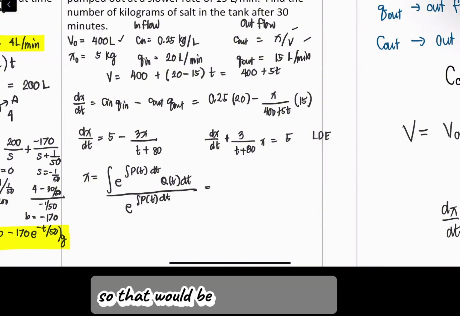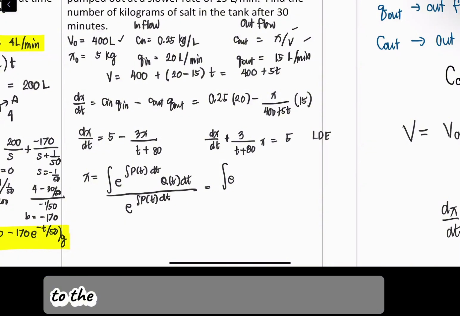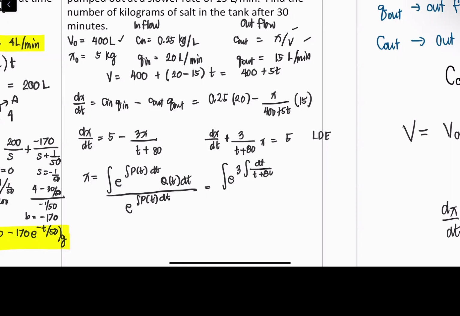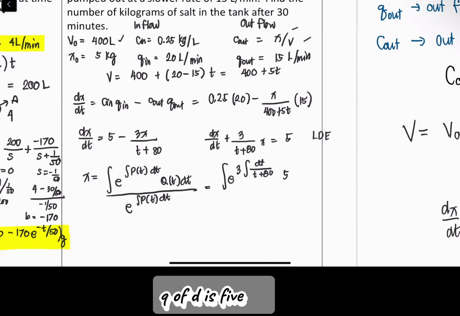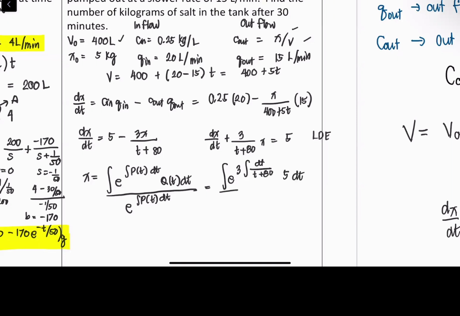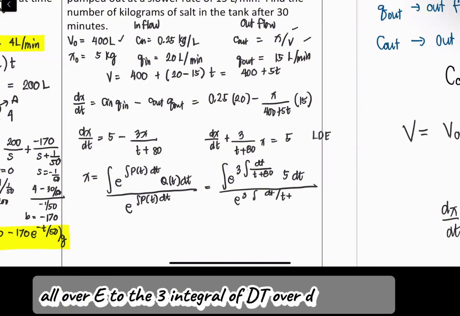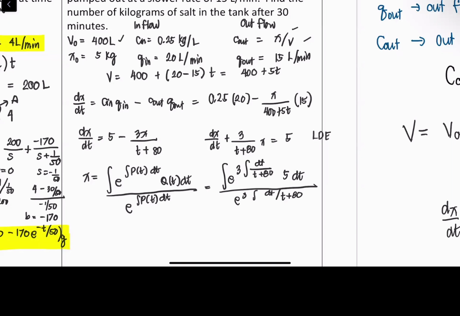So that would be the integral of e to the 3 integral of dt over t plus 80, Q of t is 5 dt, all over e to the 3 integral of dt over t plus 80.